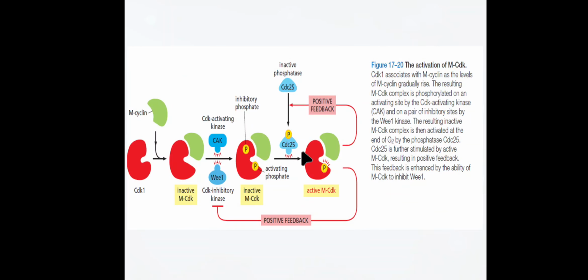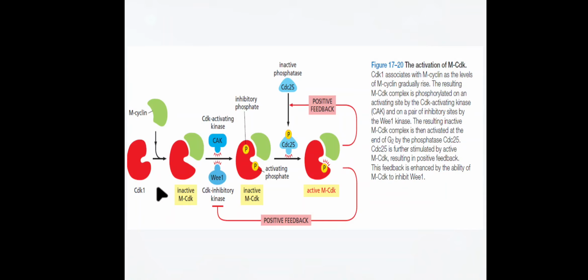See, this is the activation of CDK. CDK is not active. M-cyclin comes and binds. It is partially active, or we can say inactive. Then the CDK inhibitory kinase V1 adds the inhibitory phosphate, which keeps the CDK inactive, whereas CDC25 performs its activity and makes the CDK active.